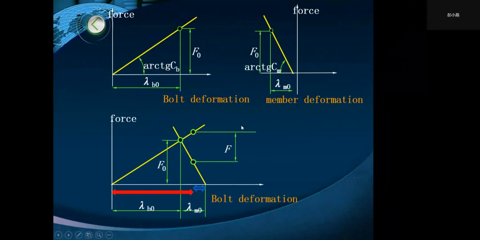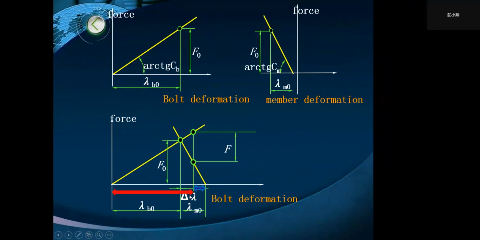If the actual force F acts on the joint, the bolt will elongate, and the deformation is delta lambda.